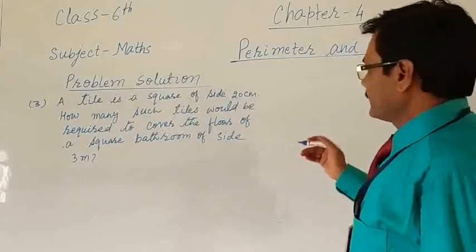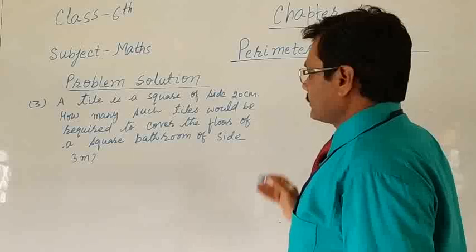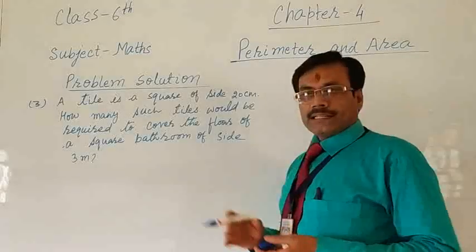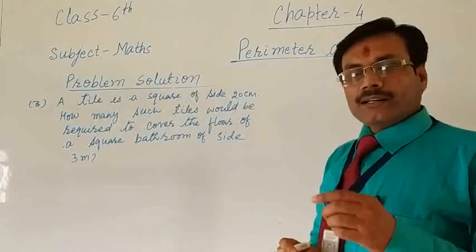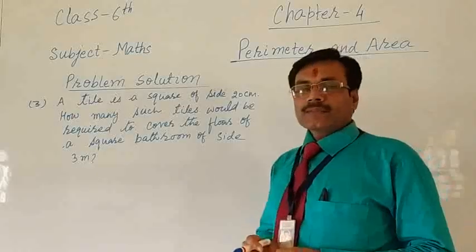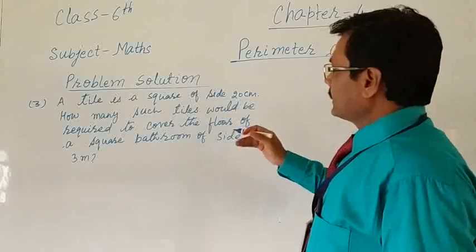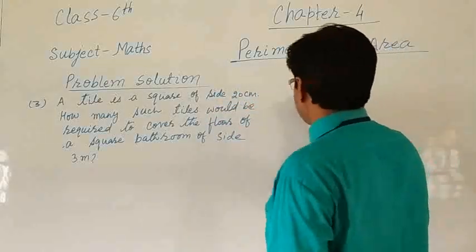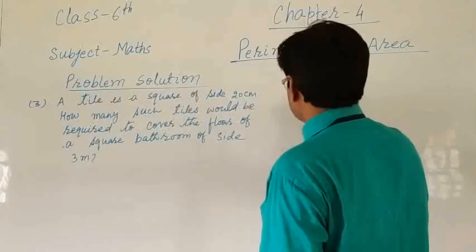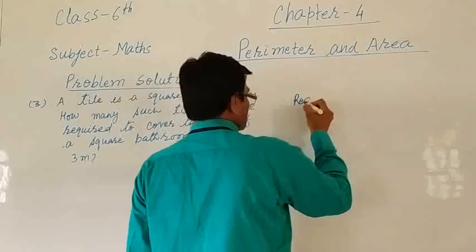So children, first of all we have to find both areas and then they will be divided to get the number of tiles. So write your required number of tiles.